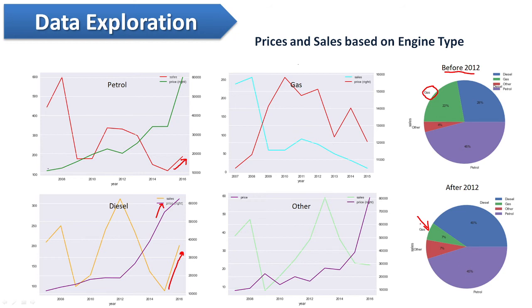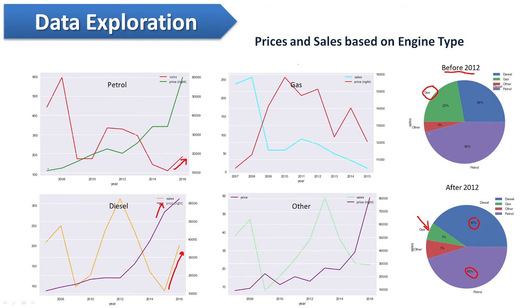Despite gas car sales going down, diesel car sales have grown to 40%, which is interesting. The petrol car sales are still maintaining consistency, at a similar percentage of sales in recent years.